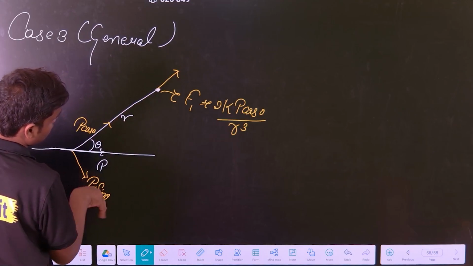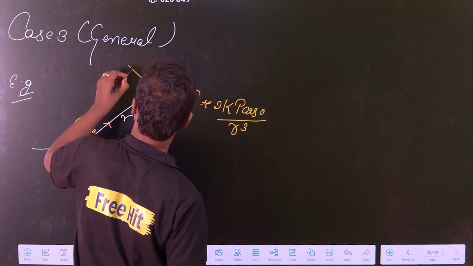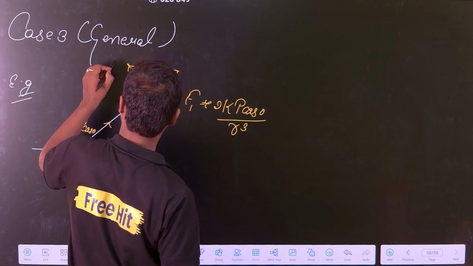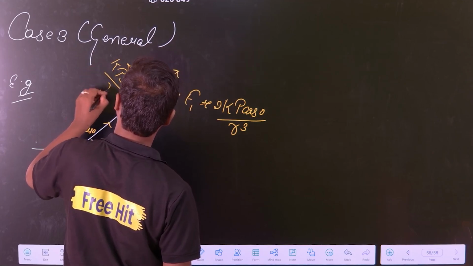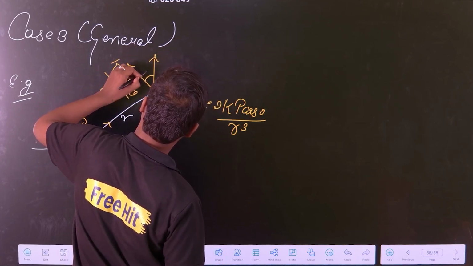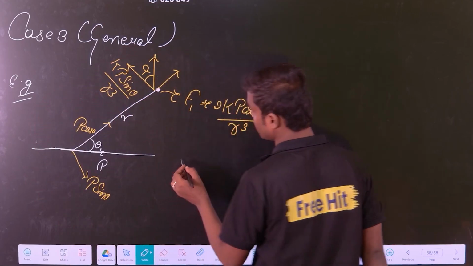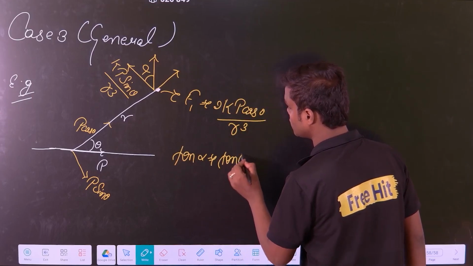For this one, it is perpendicular, so the direction will be opposite to the dipole moment. So here you will get the direction like this. And what is the value? The value will be k P sin theta by R cube. So what is the net vector? The net vector is something like this at some angle alpha. Can you find that alpha? Yeah, tan alpha will be equal to tan theta by 2.